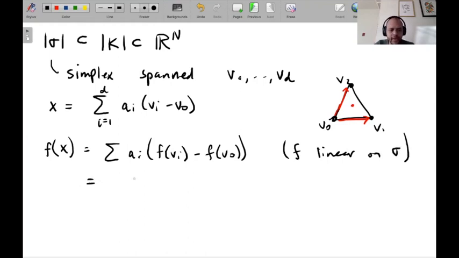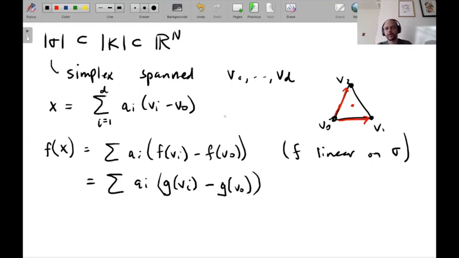But then, right, this is how we defined g. g is the restriction of f to the vertices.